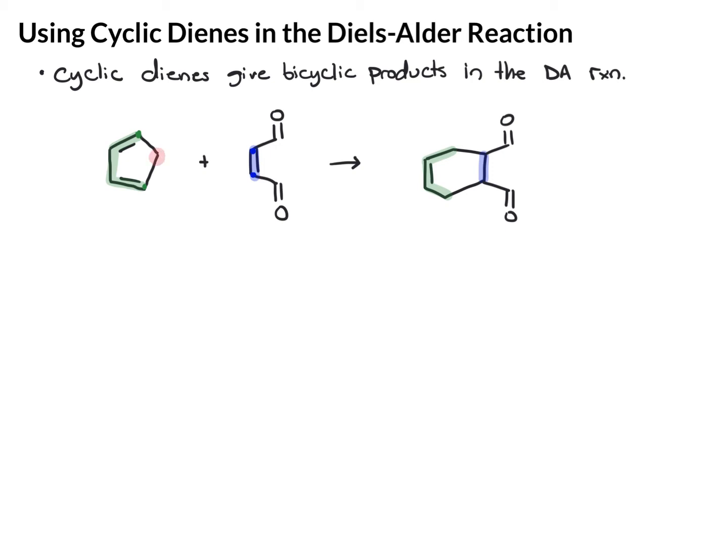We have to get that into our structure. So here are those 2 carbons, and effectively, we just need to draw that CH2 group in there. And there we have it. But we do need to deal with stereochemistry here.